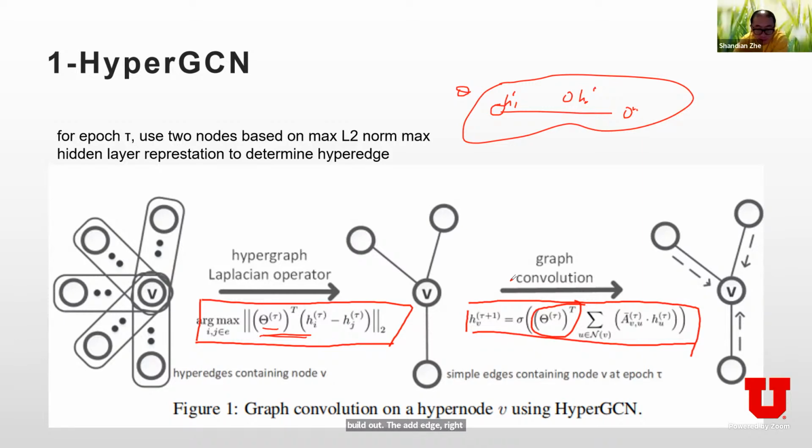But how many layers do they have? Just 2 layers? Yeah, just 2 layers. In the first layer, the input will be your data matrix, and in the second layer, it will be your representation. Which layer decides the graph structure?